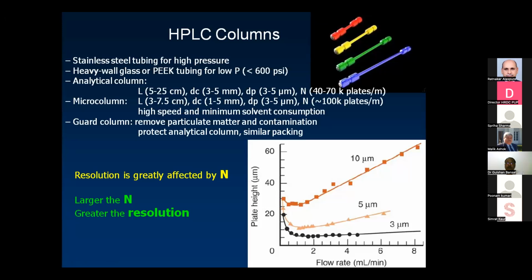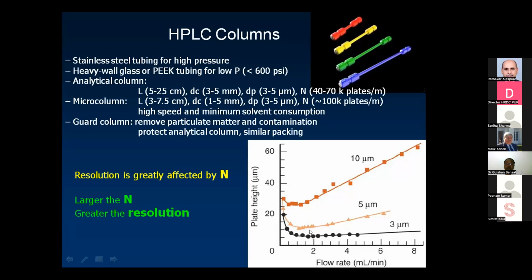At different particle sizes, like if the particle size of the silica is 3 micron, 5 micron or 10 micron, see here the plate height is decreasing. As the particle size is reduced from 10 to 3, the plate height is reduced with the change in flow rate.